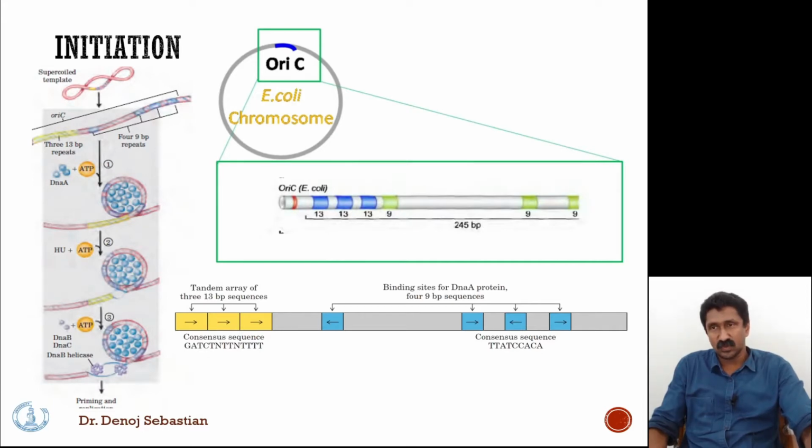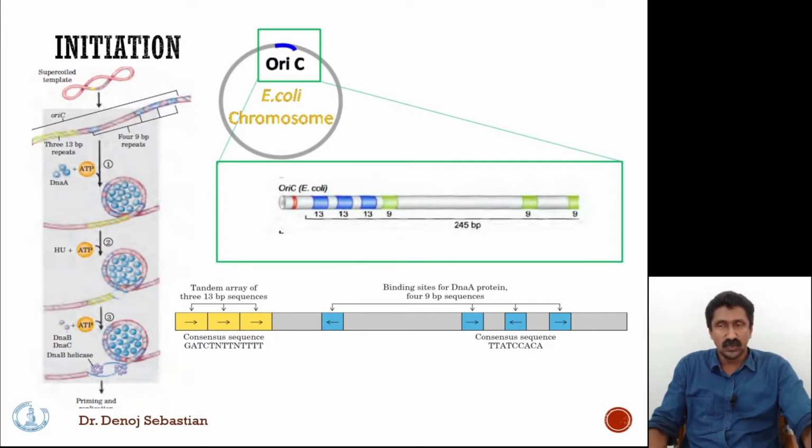Here we have the OriC with about 245 base pair length, and the 9 base pair sequences and the 13 base pair repeats are there. Now the DnaA protein is the first protein interacting with the DNA, which will join with the ATP, and then it binds to these 9 mer sequences, this region.